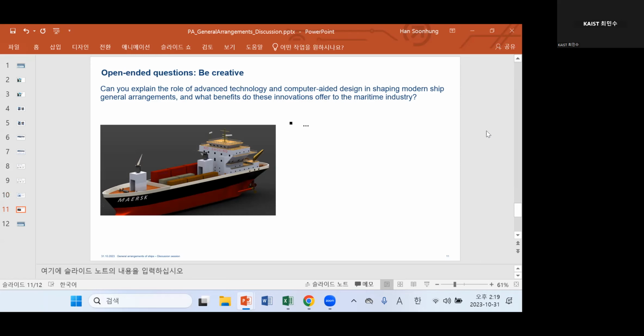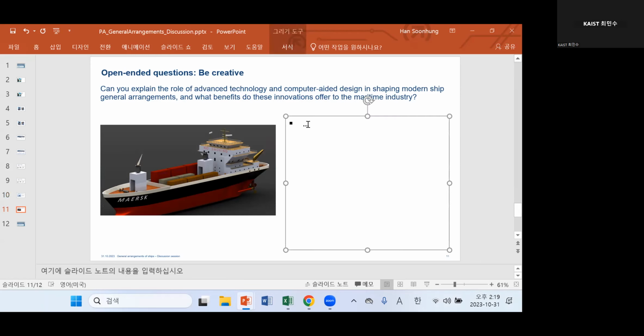Maybe in the future we'll be thinking about totally unmanned ship or cargo ship or bulk ship. Unmanned ships? Yeah. Maybe artificial intelligence would help optimize load and unload. Yes, very good. Even with simulation models.